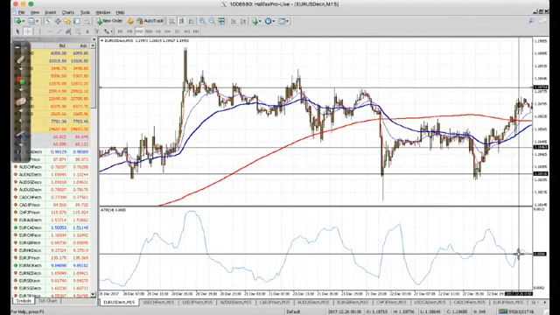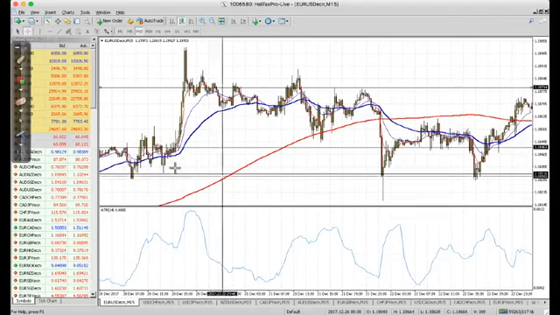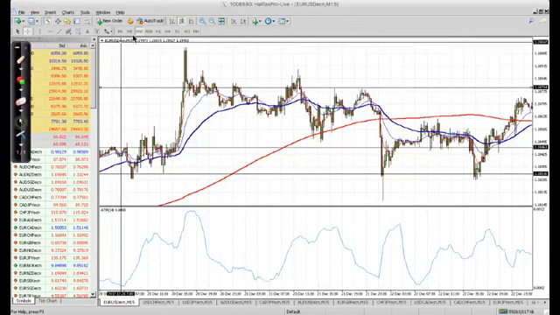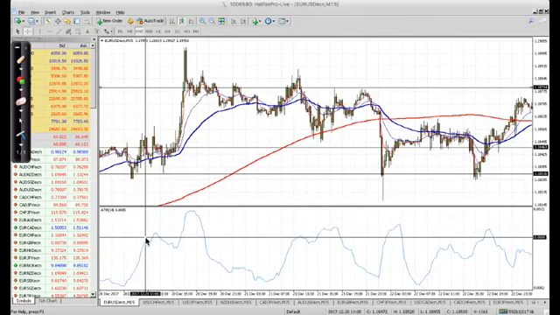Ta-da! 12, right? And so because of that, I know that during this period, I should give a 12 pip buffer, which means my stop loss should be at least 12 pips away if I'm going to sell or buy. All right, so that's how you can check it more accurately by using ATR or average true range.